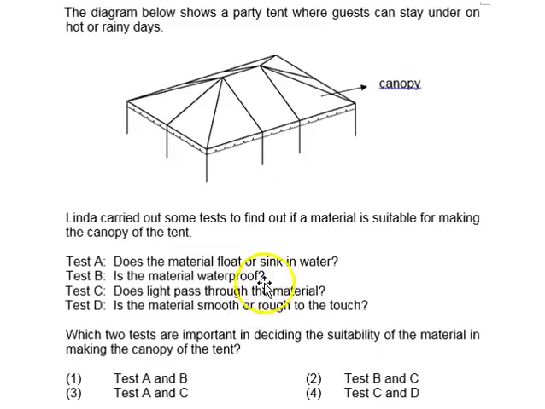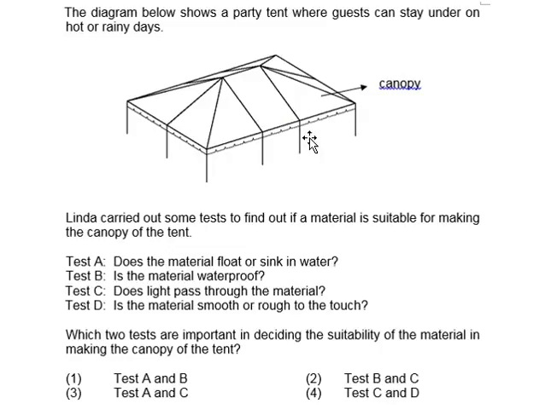So test A: does the material float or sink in water? Do you think it's relevant for a canopy in the field or outdoors, whether it sinks or floats in water? Well, I don't think so.